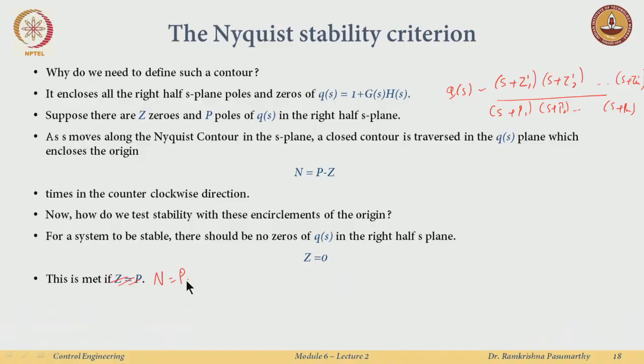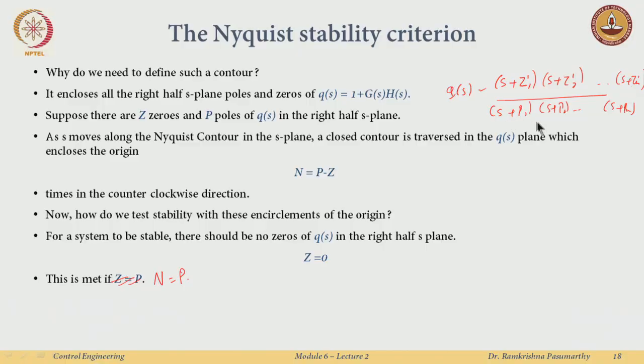Okay. For the system to be stable, there should be no zeros. All of Z1 till Zn should be on the left half plane. So none of them should sit on the right hand side. So Z should be equal to 0. Now if Z equals 0 and I measure the number of counterclockwise encirclements, what should that match?